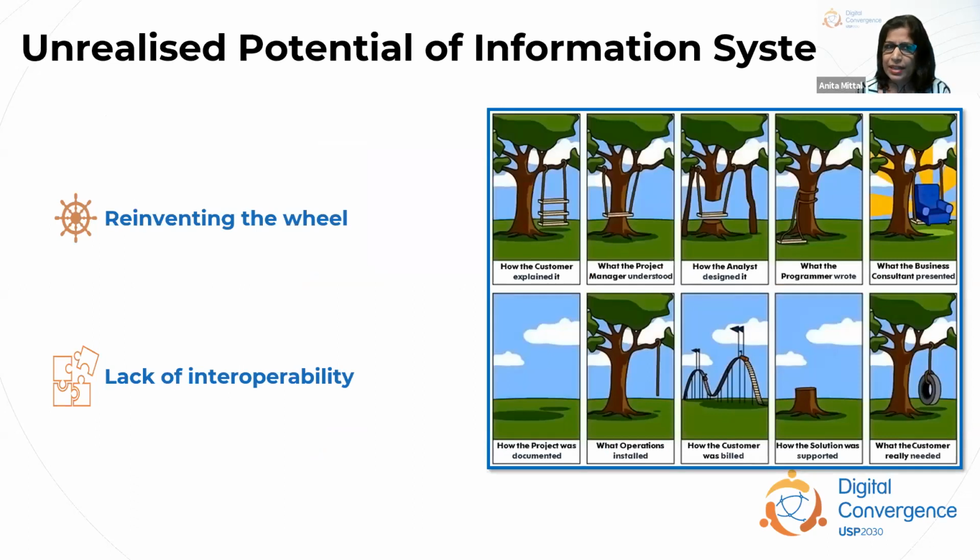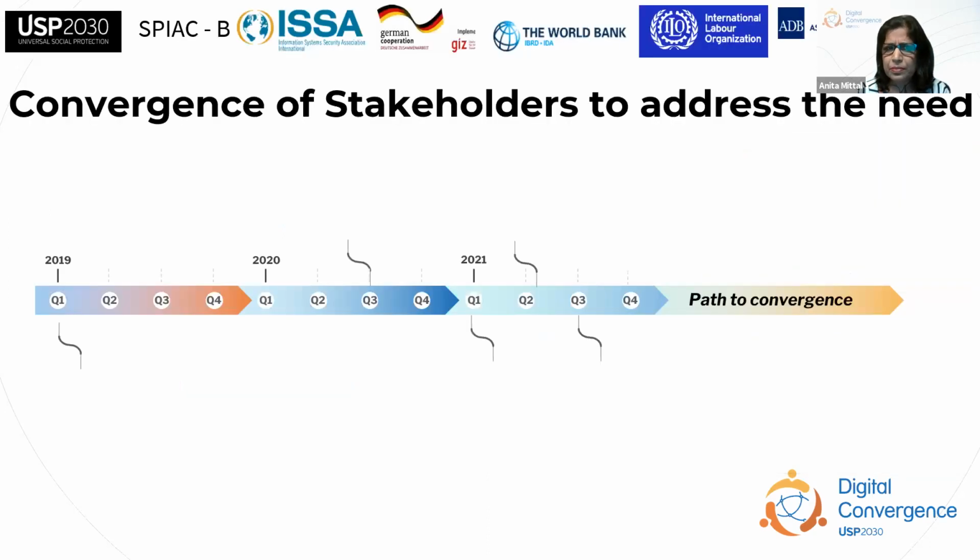However, we have also seen that a lot of this potential of information systems is yet to be realized, partly due to reinventing of the wheel, where we go through the same cumbersome process of developing systems which are not interoperable, at the process level or at the data level, as Rodrigo mentioned, or at the technical level.